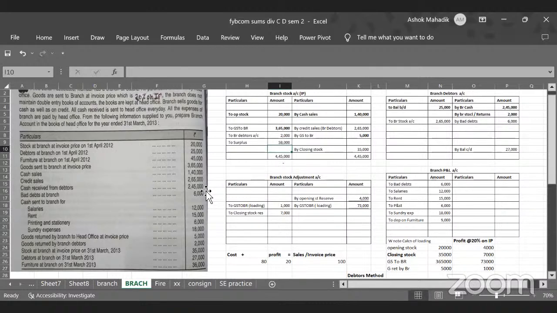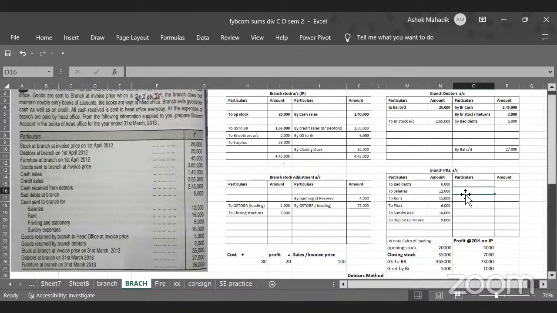So on surplus again, we can directly charge this to P&L account, transfer to P&L account, or we can reverse the profit element. But I suggest you to directly write on the P&L credit side.